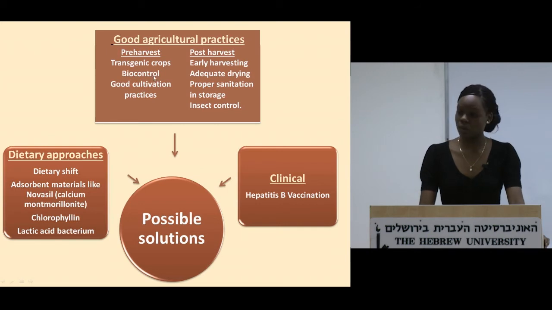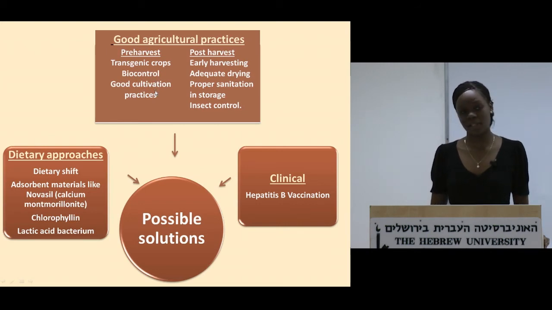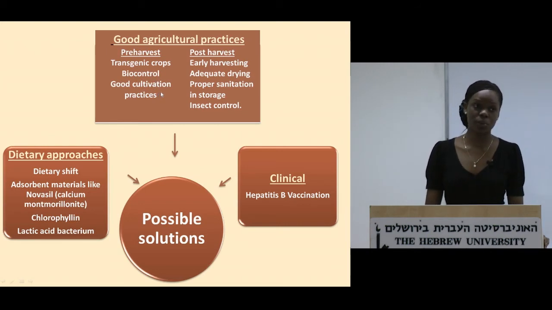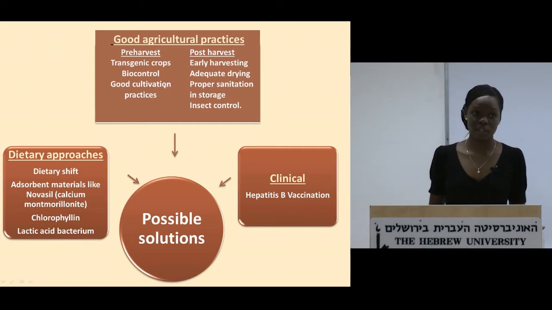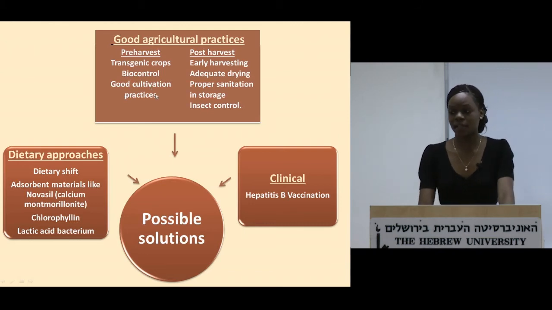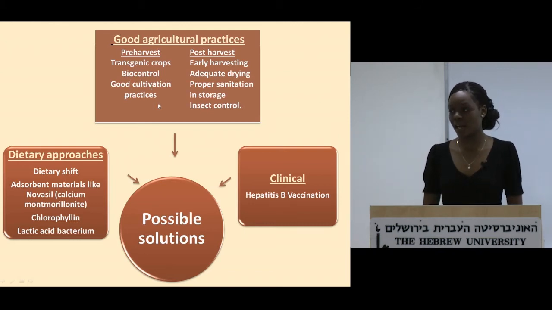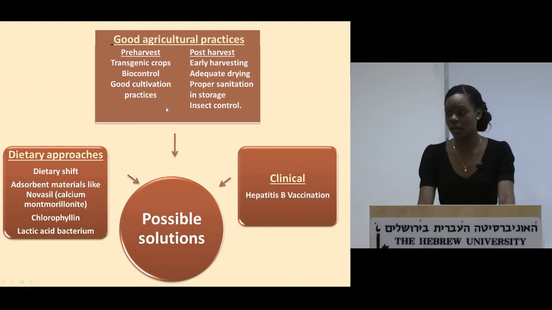Or we can also call for good cultivation practices like crop rotation, or proper use of irrigation and fertilizer.